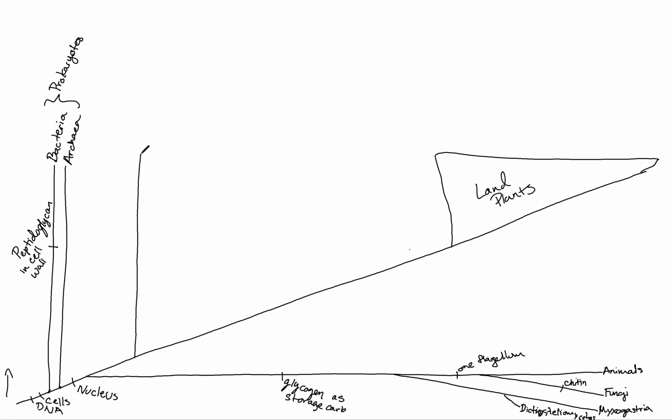So we'll have another group of organisms branch off here. And these are going to be our heterokonts. So our heterokonts are the Oomycota, the Phaeophyta, and the Bacillariophyta, the diatoms.